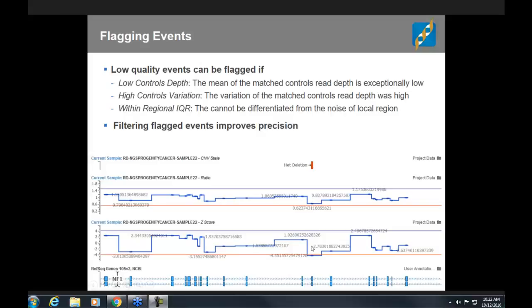And you'll see, especially if you look at the z-score, there's a number of exons in this region that fall in this really low range, but are probably not deletions. And likewise, we have a lot of events that have unusually high z-score. So because this region is so noisy, and because this event doesn't really fall significantly below the noise, we flagged it as being within the regional IQR.